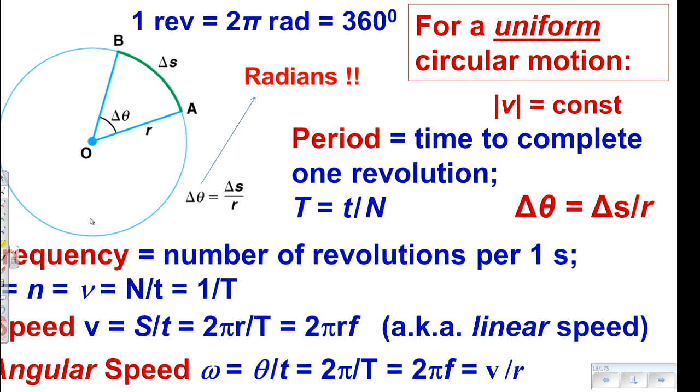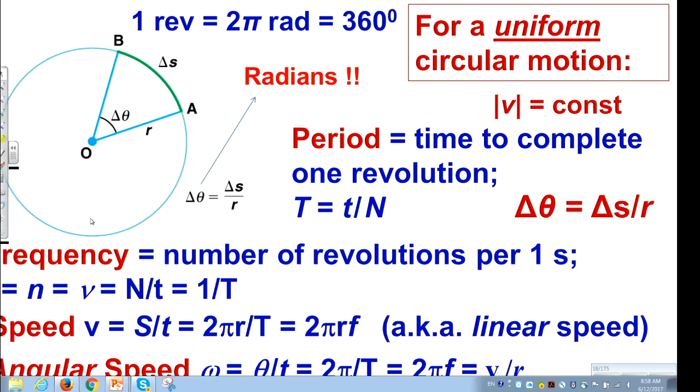According to a definition, a frequency is number of turns divided by time. So we can see that frequency and period are inversely proportional. Now, people might use several letters for the same quantity, frequency.